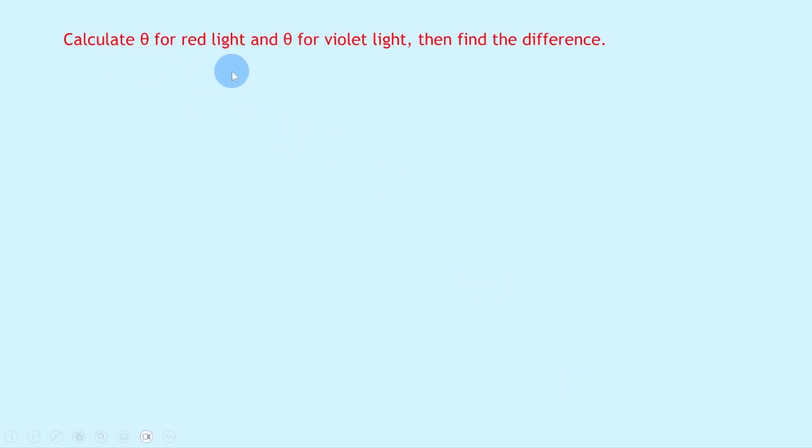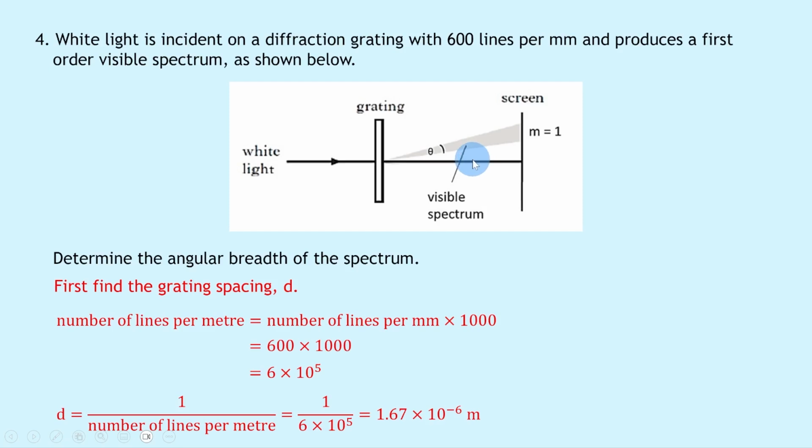And now that we have the grating spacing d, we want to calculate theta for red light and theta for violet light and then find the difference between the two. So we'll take the smaller angle away from the bigger angle. And if you look at my cursor just now, another way to think about this is that we want the angle to go from the central order maximum here at this black line to the violet light up to here. So this angle here to here, that would give us theta for violet light.